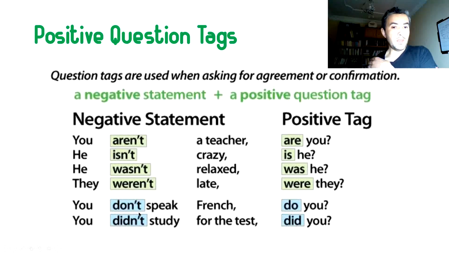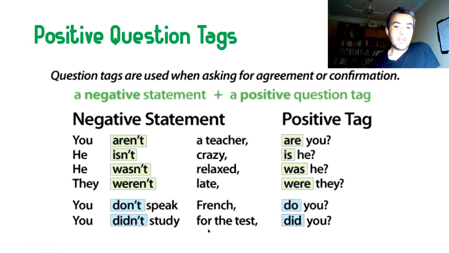For I, you, we, they, it's don't, and for he, she, it, it's doesn't. "You don't speak French." The opposite of "don't" is "do": "do you?" For example, if we have "She doesn't speak French," what do we use here? Good, correct. "Does she?"